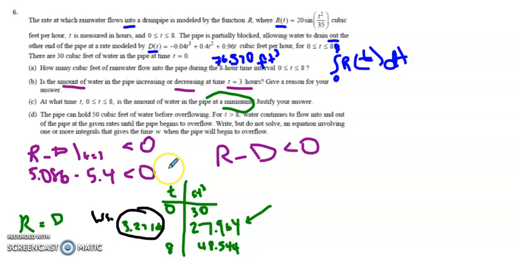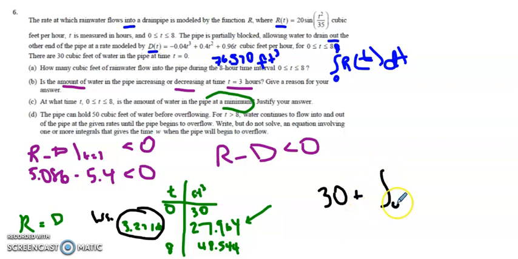Last part says, the pipe can hold 50 cubic feet of water before overflowing. For time greater than 8, water continues to flow into and out of the pipe. They want you to write but do not solve an equation involving one or more integrals that gives the time when the pipe begins to overflow. So here's what you want. You want the 30 cubic feet that you start with.